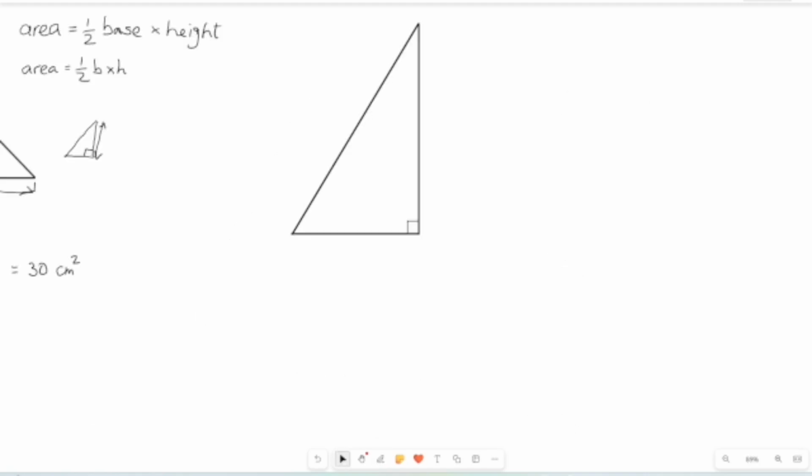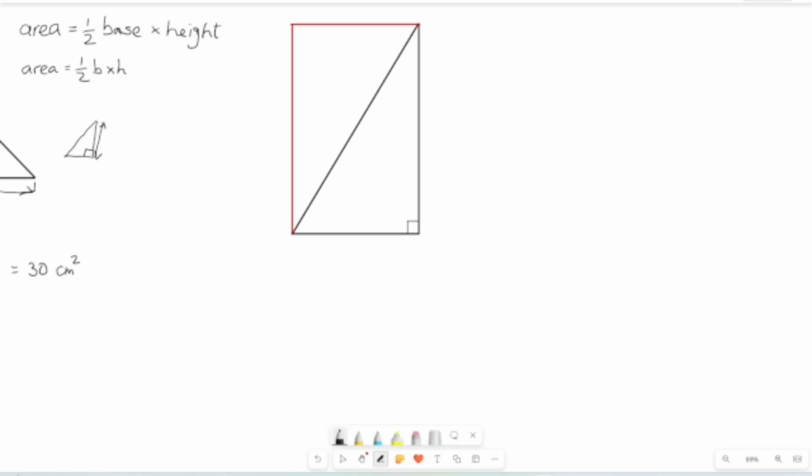Now we're going to have a look at why this formula is the way it is for 3 different types of triangle. And the first one is a right angle triangle. The easiest way to think about this is that the right angle triangle is simply half of a rectangle. So let me draw in the rectangle that it is half of.